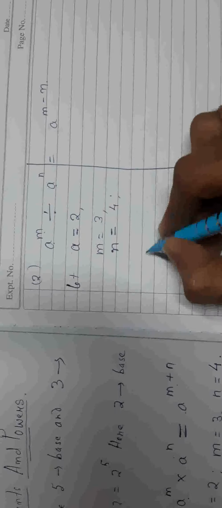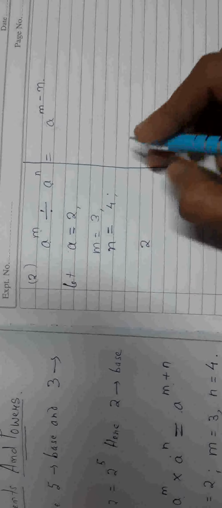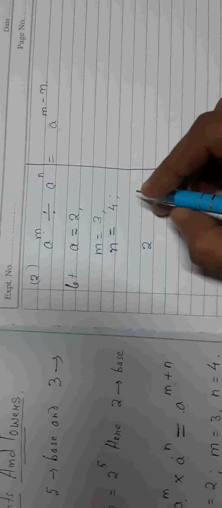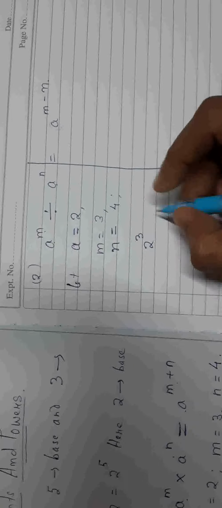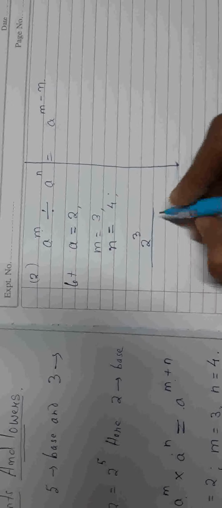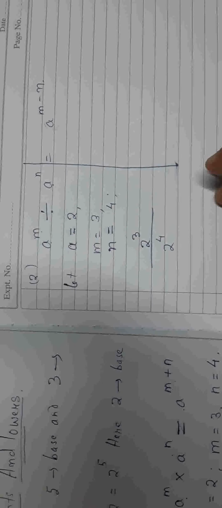Now if I place the value, a I have taken as 2, m value I have taken as 3. I'll divide it by a, which I have taken as 2, n value I have taken as 4.